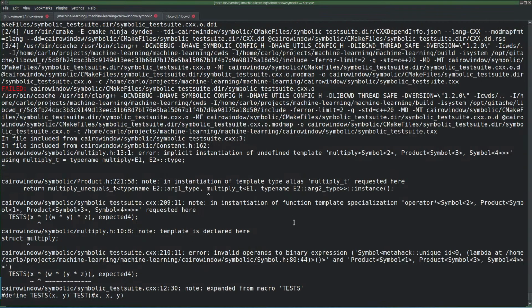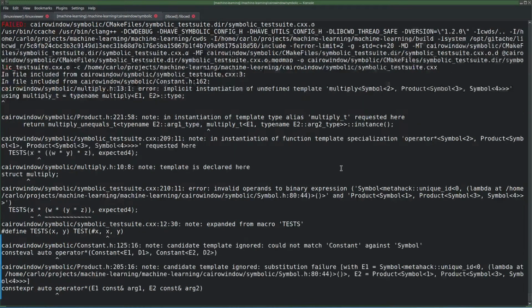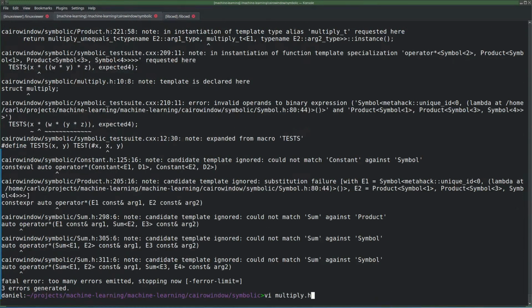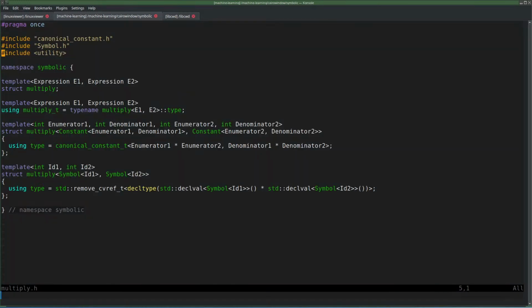I mean, the error is now about a symbol multiplying with the product. So apparently we did pass the multiply symbol times symbol thing. But if I want to continue with this and finish this, then I need all the types that multiply works on.